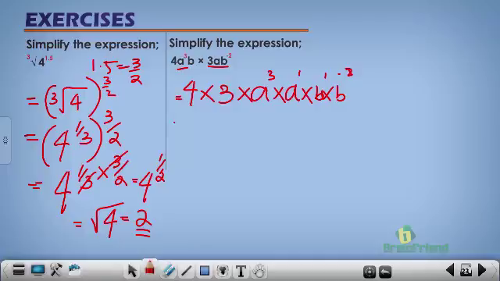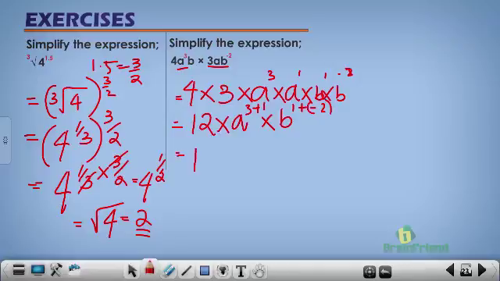We would have 4 times 3, 12, times a raised to power 3 plus 1, times b raised to power 1 plus minus 2.